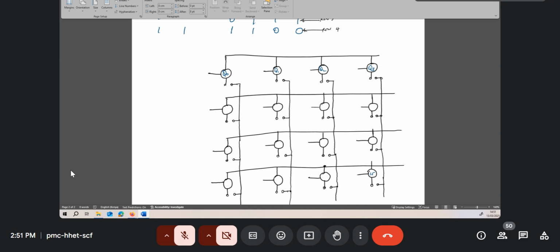Yeah, so we are making all those connections, and then this line goes all the way to the VDD. We have this going all the way to VDD.